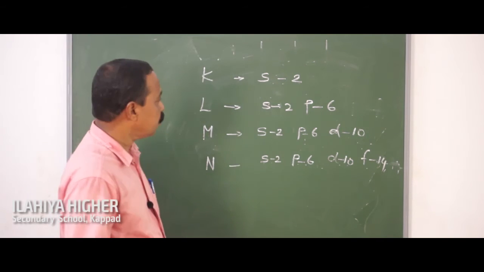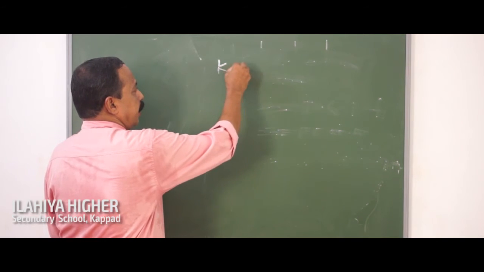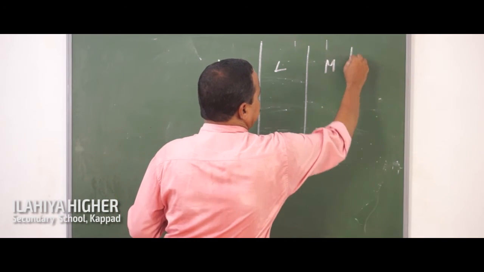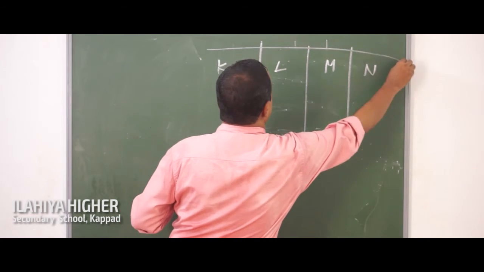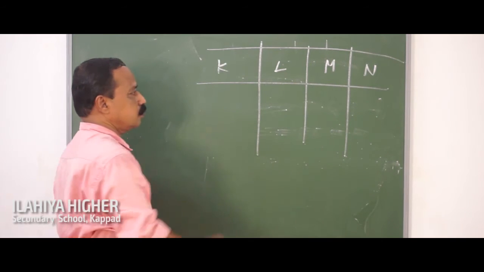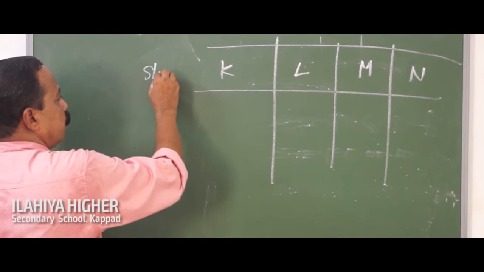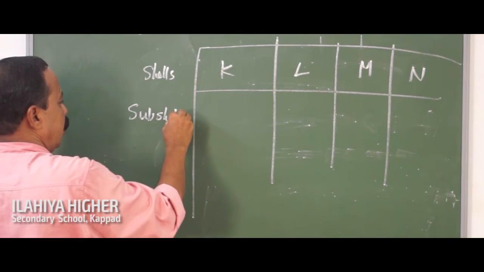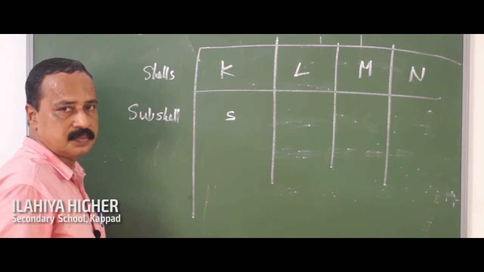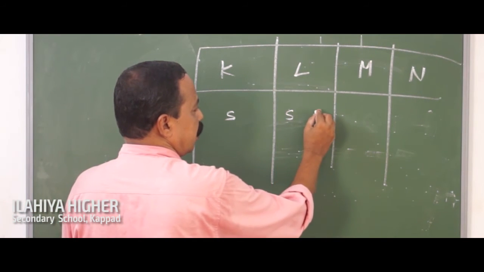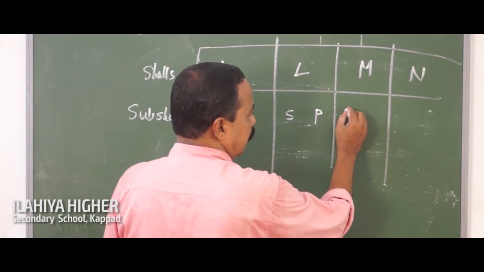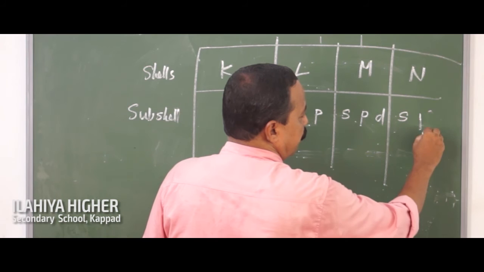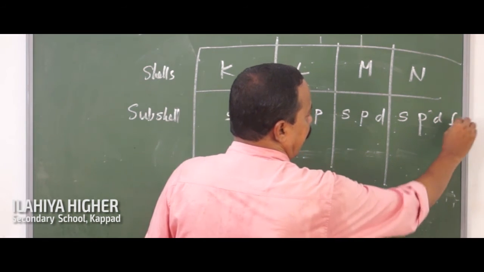Next, the subshells. Here is S, here S, P, here S, P, D, here S, P, D, F.